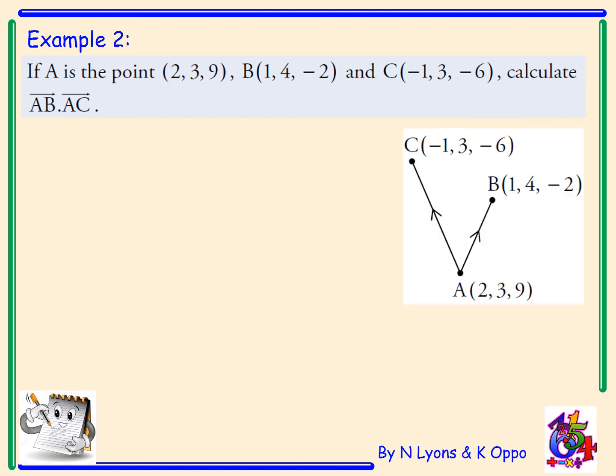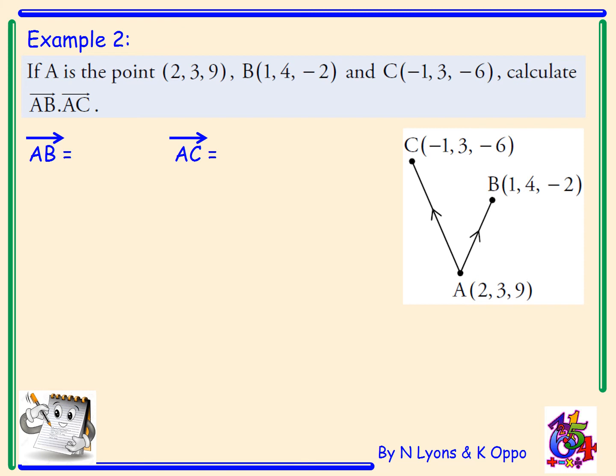It's useful to look at a diagram. Okay, we've got the vector AB and the vector AC on the diagram and the points shown. So first of all, we're going to have to work out the components of the vector AB. So if I'm at point A, what do I have to do to get to point B? I'm also going to have to work out the vector AC. So again, have a think about it.